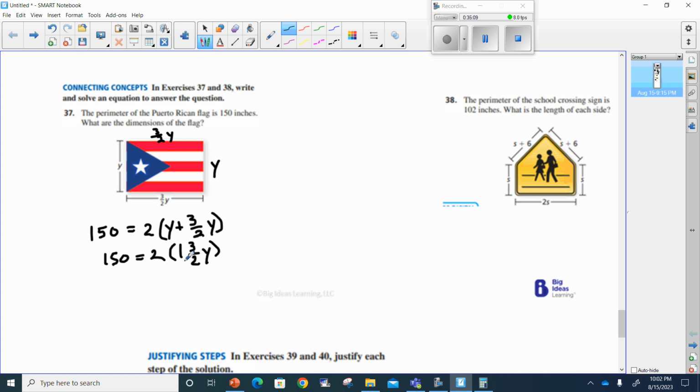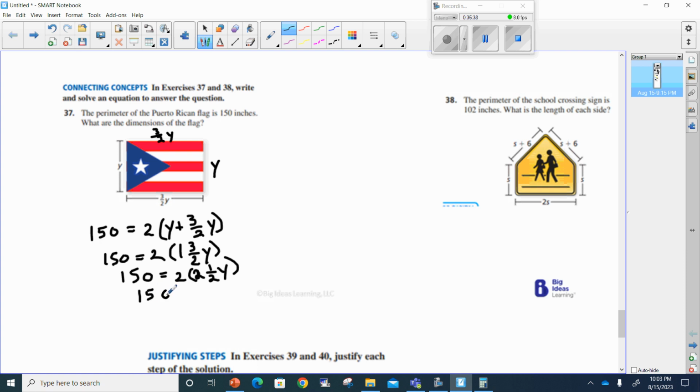Let's see. 3 over 2y is really 1 and 1/2, isn't it? So, in essence, this is going to be 150, equal to 2 times, if that's 1 1/2, it's going to be joined onto there. So that's going to actually be 2 and 1/2 y. Well, 2 1/2 y can also be 2.5y, right?